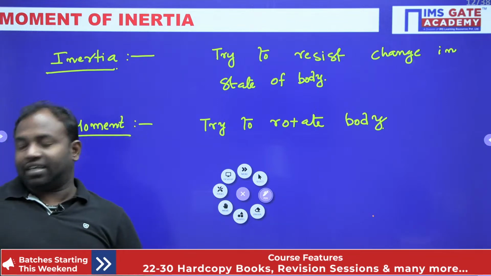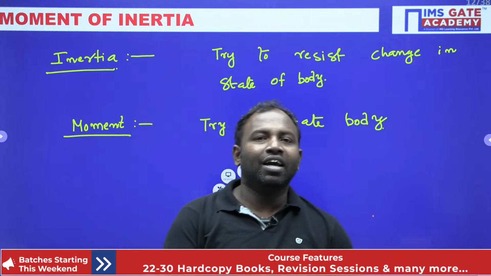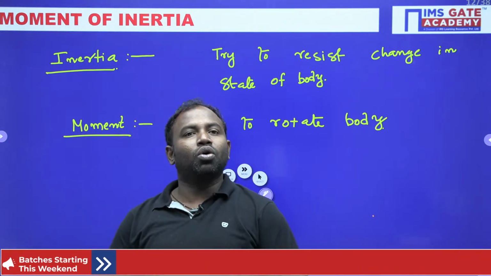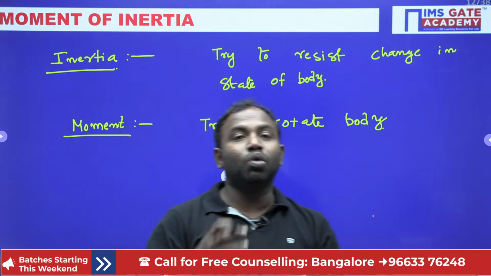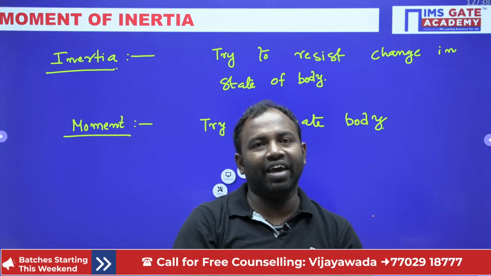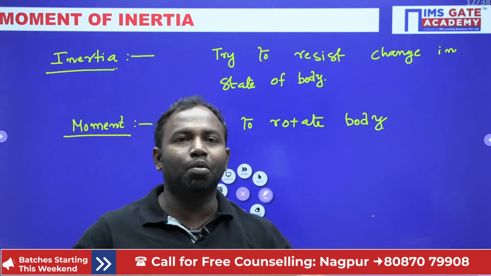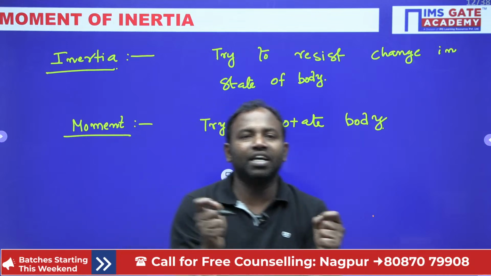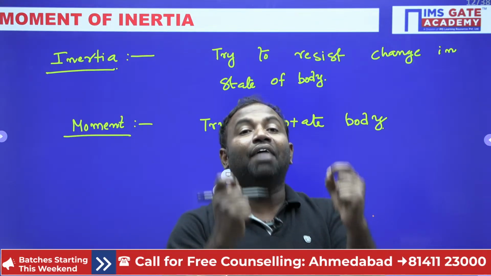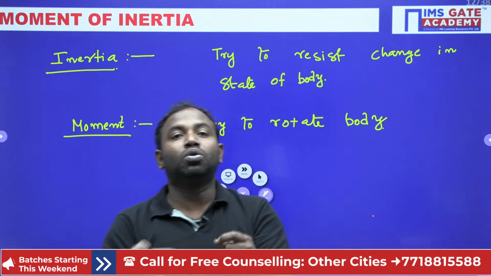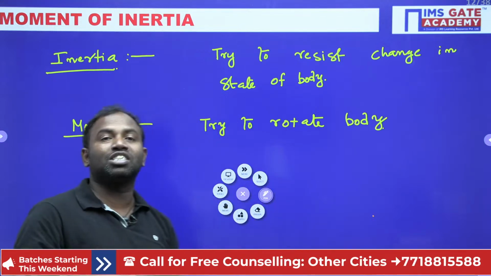Right. Now let me give you the definition. Moment of inertia is the property of the body which tries to resist the moment on the body. So what is moment of inertia? Moment of inertia is the property of the body which describes how much resistance the body has to resist the moment which is applied on the body.